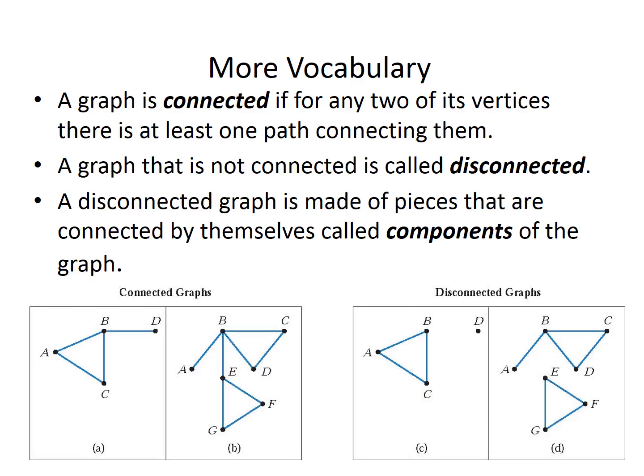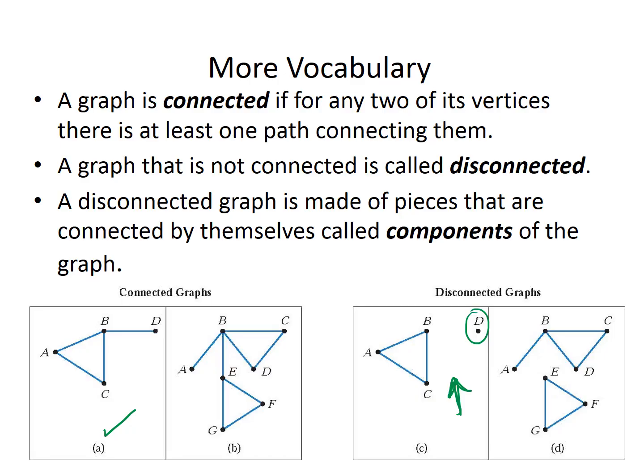So if you look at the first example, A, it has 4 vertices and it is connected because there is a path from every vertex to every other, right? And you can see the difference here between this sort of same graph that's disconnected: here D is off by itself.